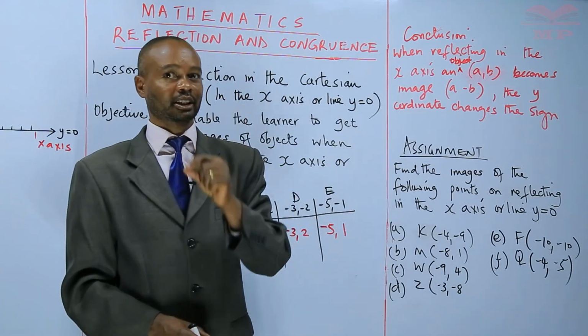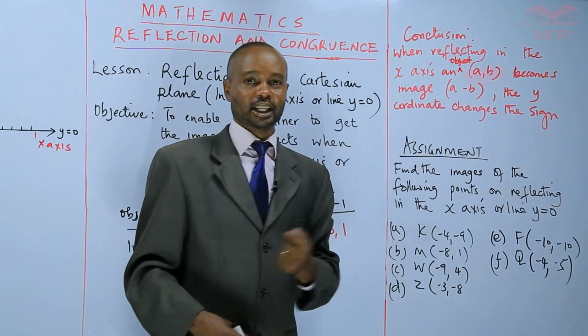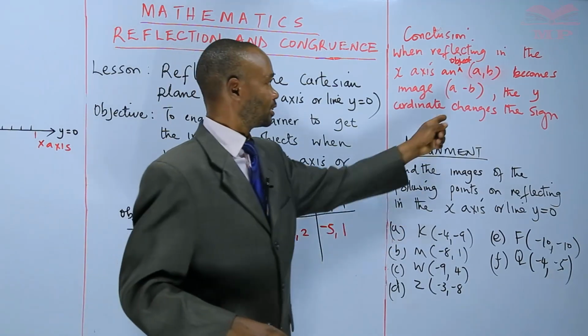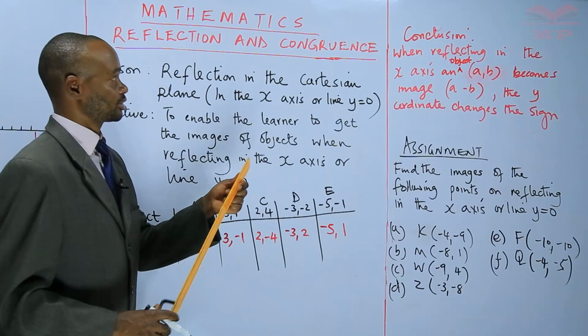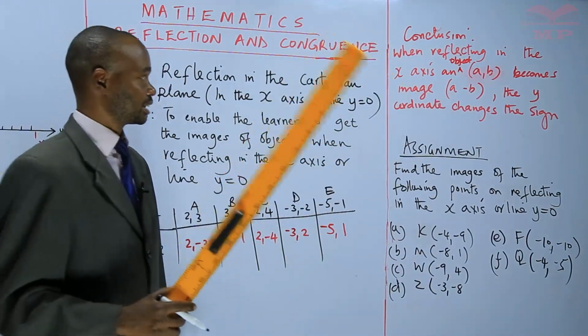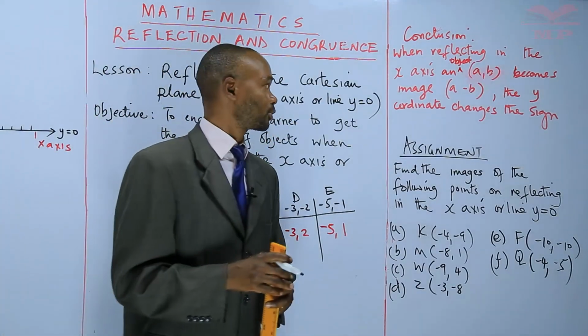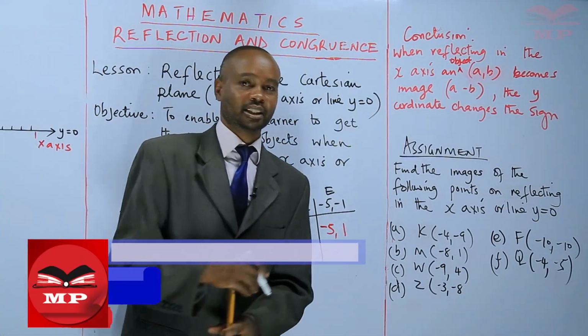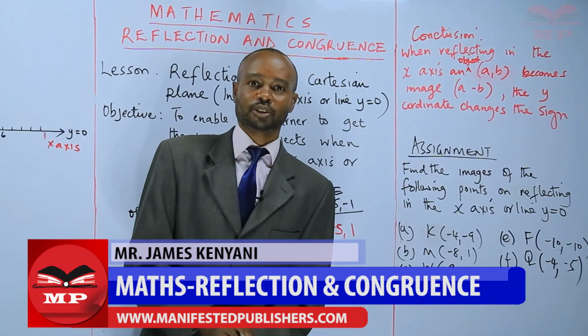So when you do it on a graph paper also, it will give you the right experience of getting that experience of AB becoming A -B. So at that juncture, go through the assignment as we continue to build up on reflection.